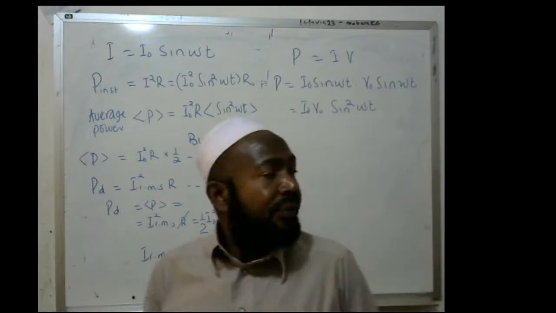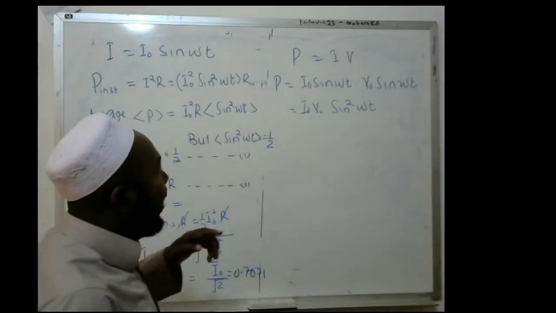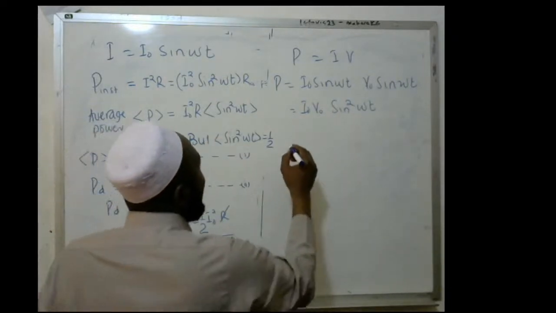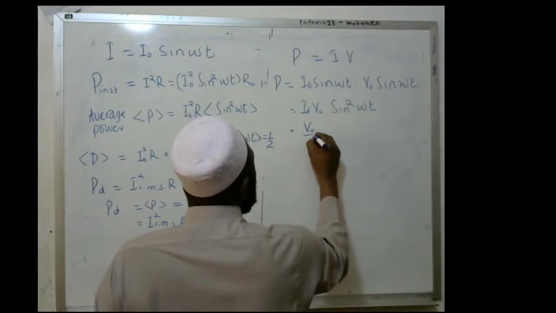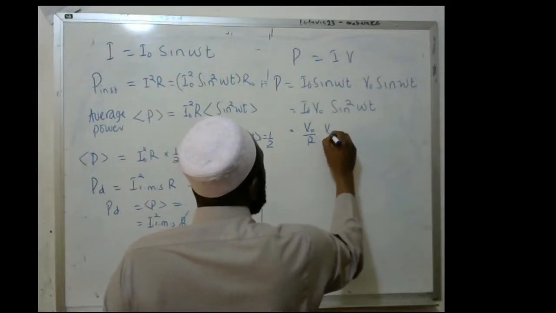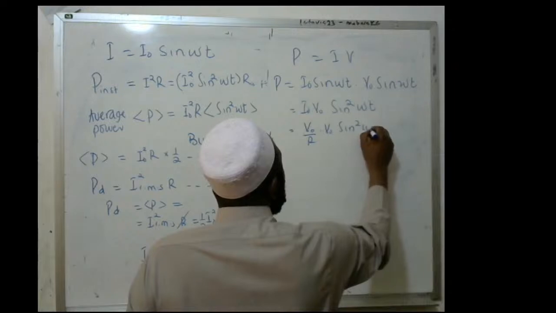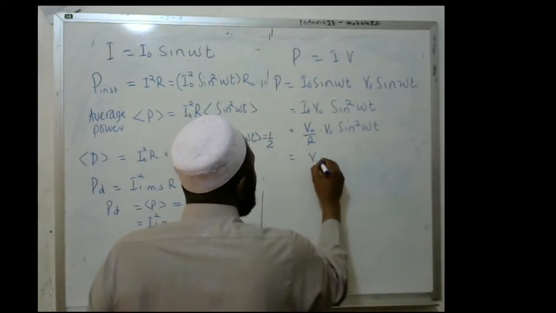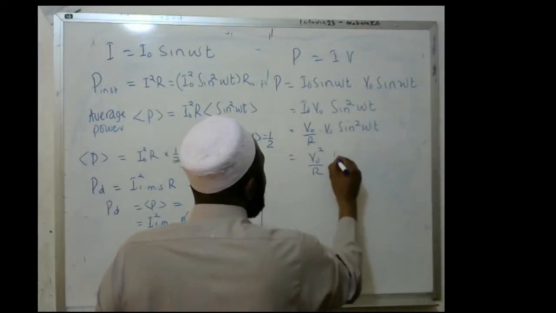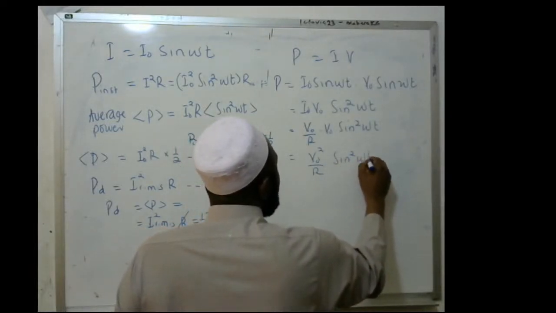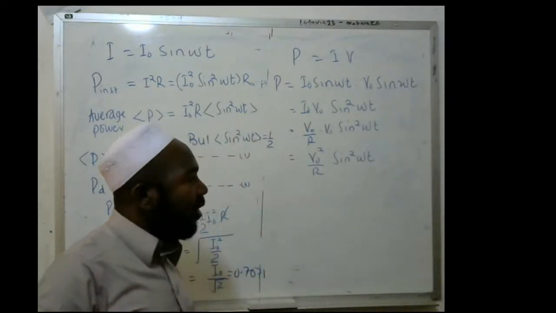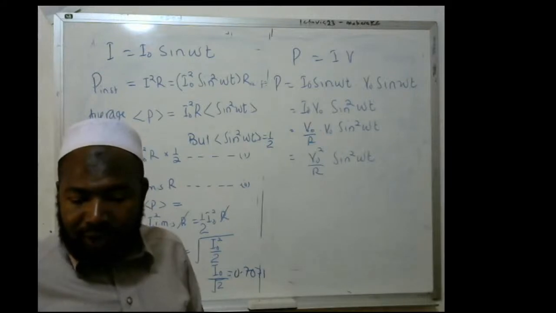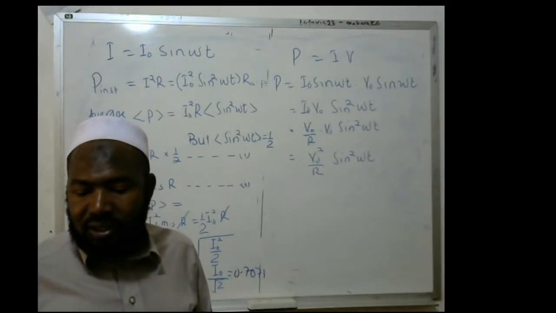And therefore, we can eliminate current using Ohm's law. It's going to be V naught over R sine omega t, so which turns out to be equal to V naught squared over R sine squared omega t. That will be the expression for the power at any particular time t. We call it instantaneous power.